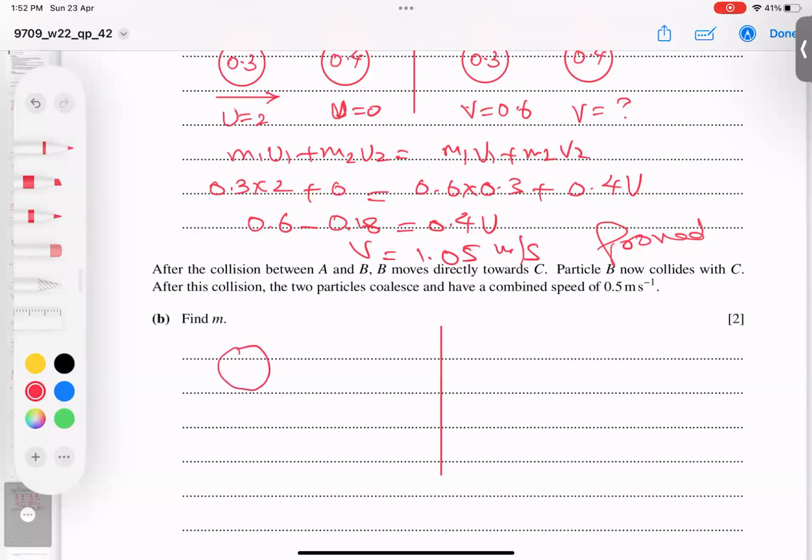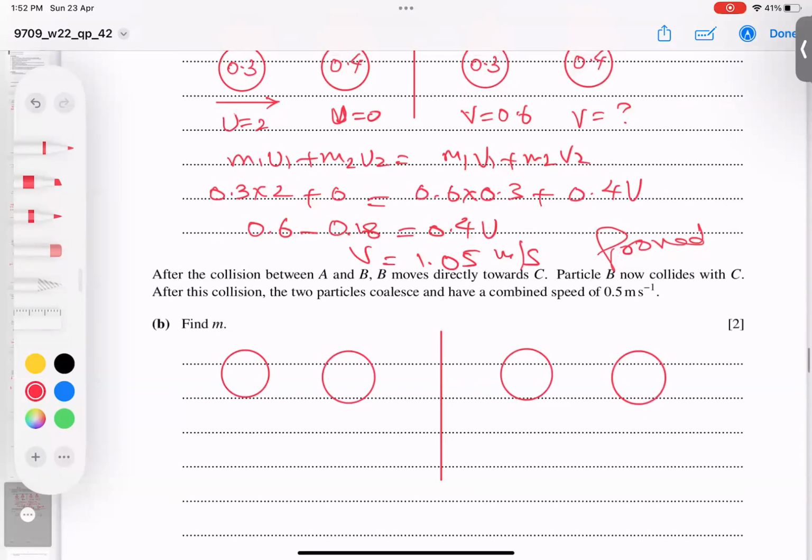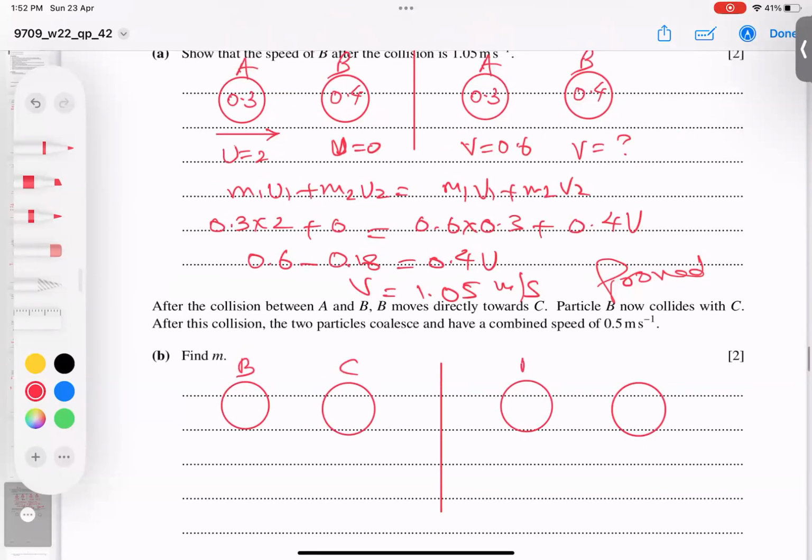Because there are two particles, B and C, one is B and one is C. But after the collision they will not behave separately. They will behave as one particle, and I will deal with them as one object. So this is B and C.